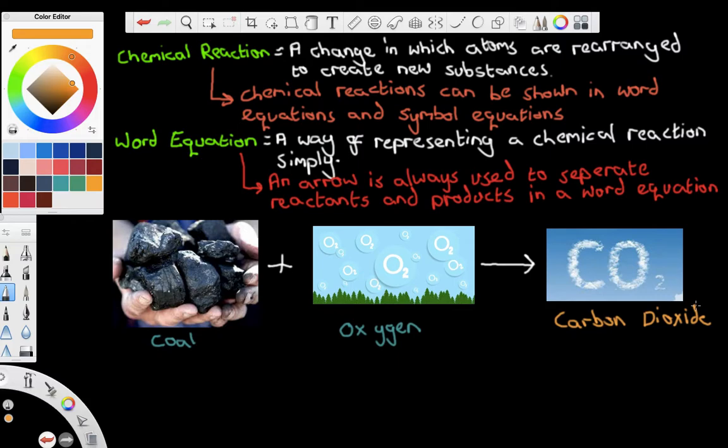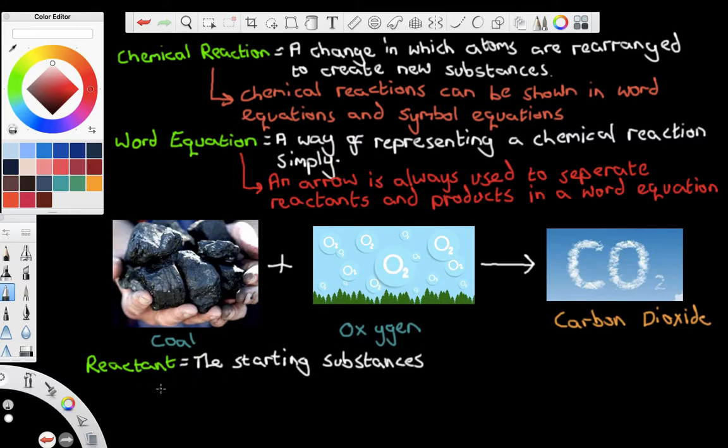Now, coal and oxygen are our reactants. Now, a reactant can be defined as the starting substances in a chemical reaction.